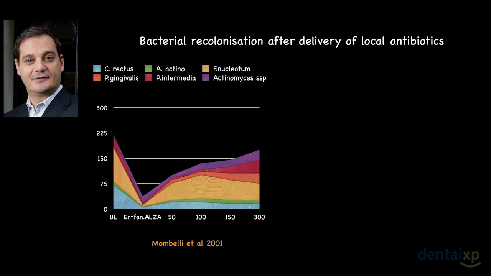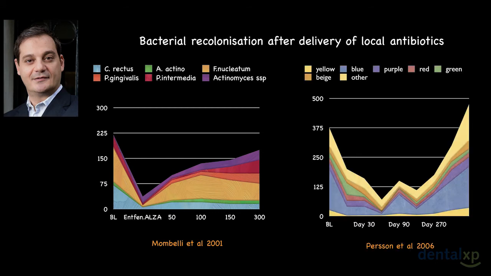Look at what they found. When you put local delivery antibiotic, as Mombelli showed in 2001, you have a drop in the bacterial load, but then at 30 days it goes back up, almost to the same level where it started.